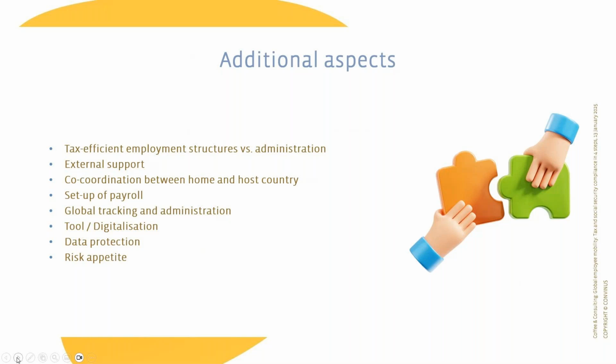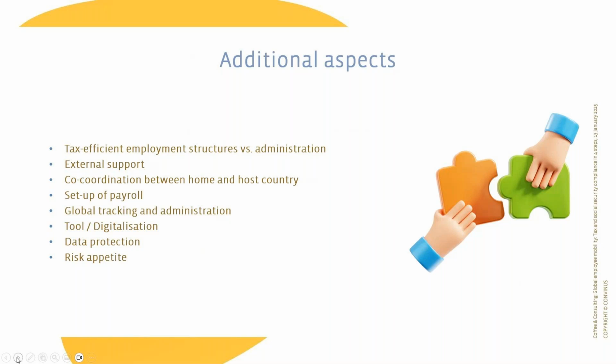And if your target is to be 100% compliant in global mobility, then I wish you luck with that. But from an expectation management point of view, I can tell you after now almost 25 years working in that area, I haven't seen any company who was able to be 100% compliant.